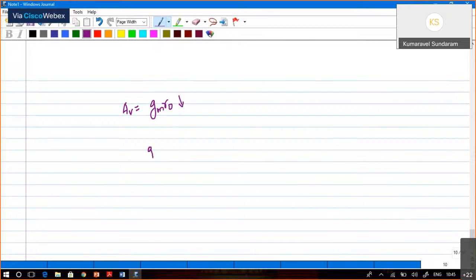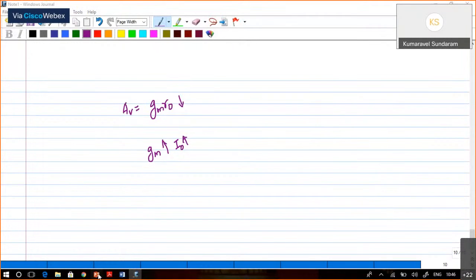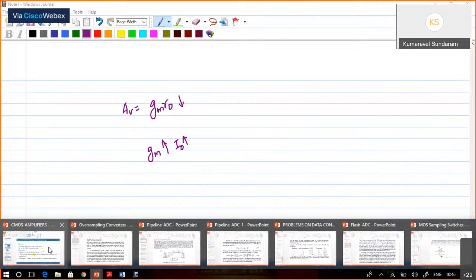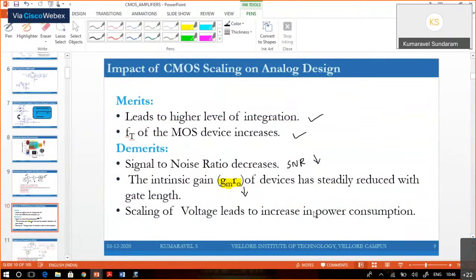So gm has to be increased, which means ID current has to be increased. Then only gm will increase. You understand, right? So as technology scales down, to realize analog circuits, power consumption is going to increase.